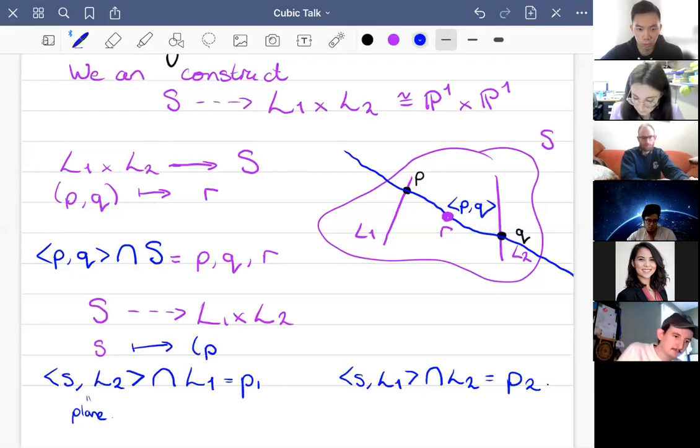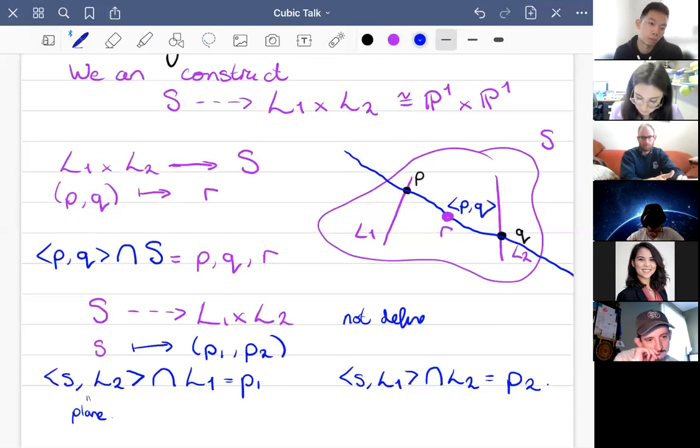And so this is where we're going to send this S to. So this is not defined everywhere. So this is not going to be defined for any points that lie on the line. So this is not defined for S on L1 or S on L2.